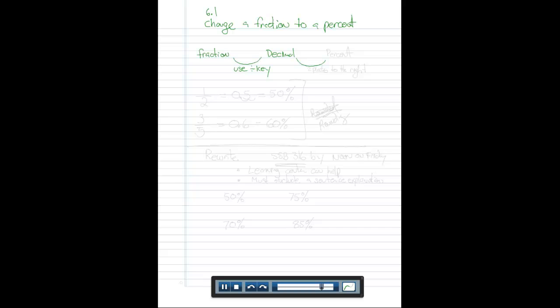And then change that decimal into a percent. So we're going to go through the decimals. To change the decimal to a percent, that's the one where we move 2 places to the right.